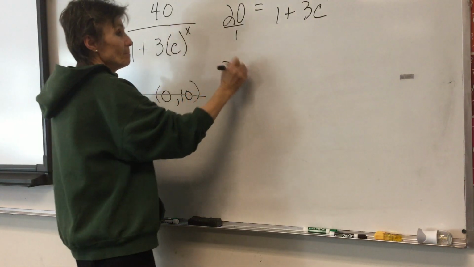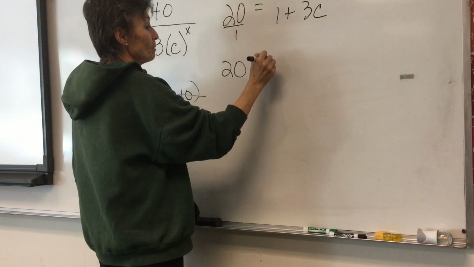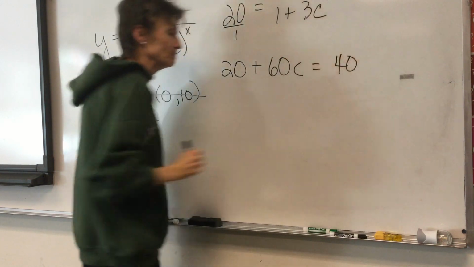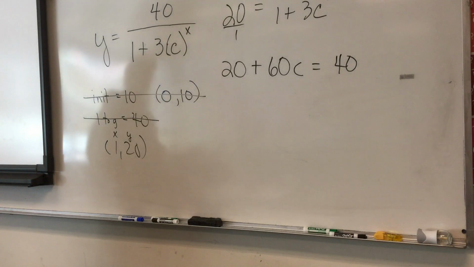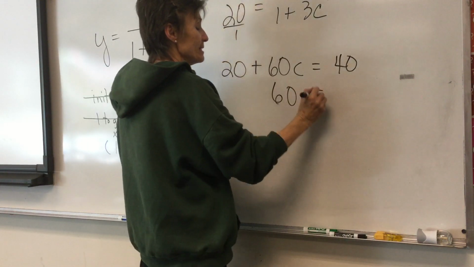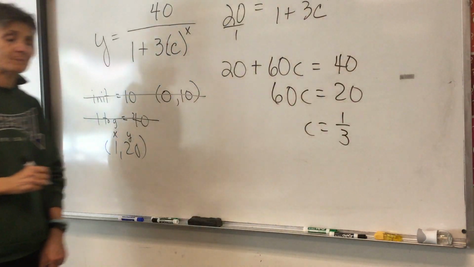So 20. Multiply 1 plus 3c to the other side. Yep. So 20 plus 60c equals 40? Yeah. 60c equals 20 and c equals 1/3.